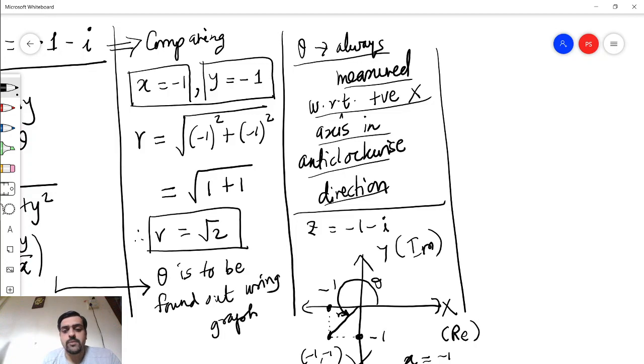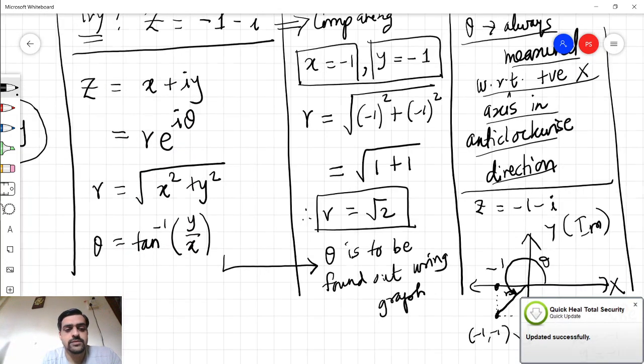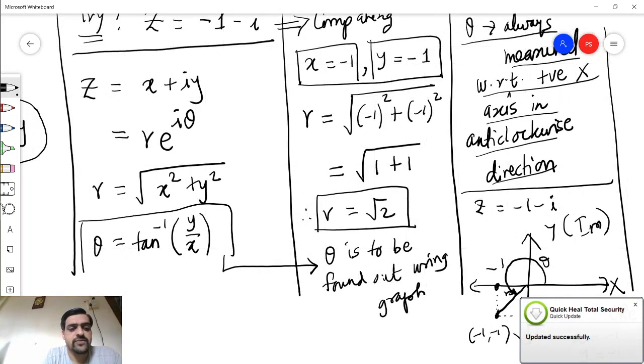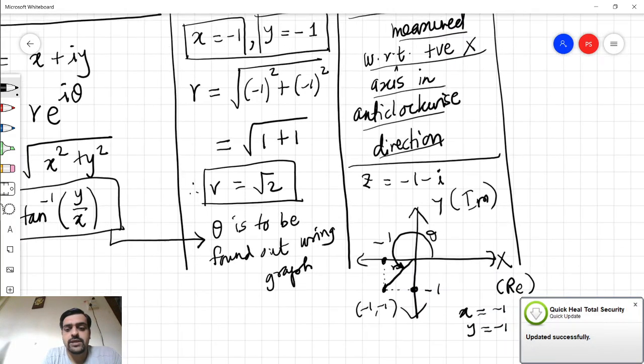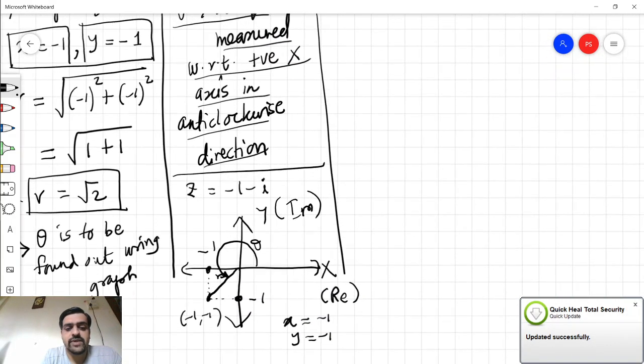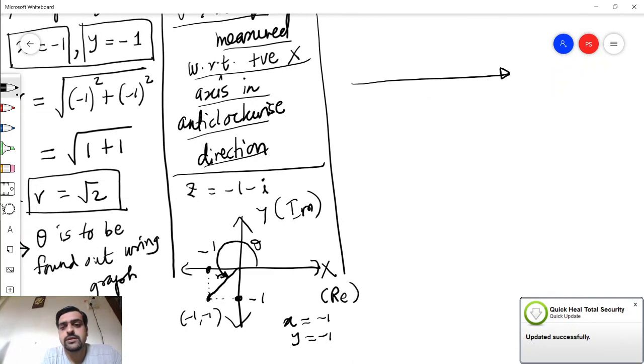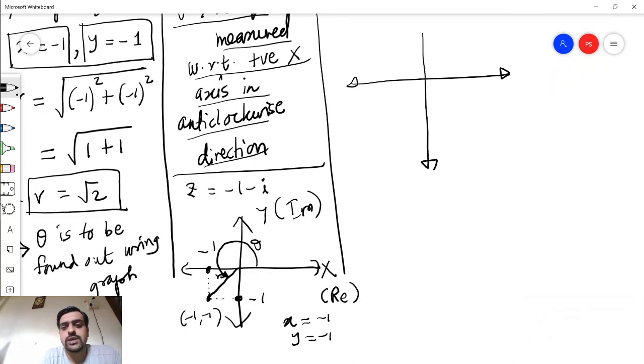Now we can see the problem with this formula. The formula which we have learned will give us a different value, because if we look closer, this is the point of interest, -1 -1.